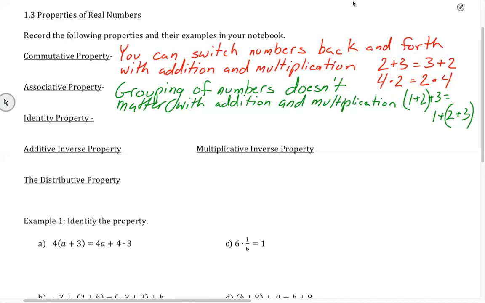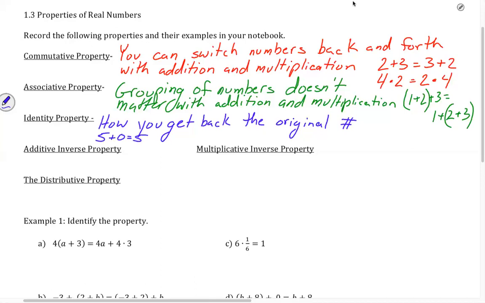The identity property, okay? So the identity property is pretty much how you get back the original number. So what do I mean by this? Well, for addition, if I start with 5 and I add 0 to it, I get back 5.